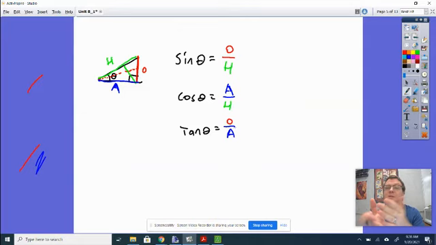Okay, so there's my three main trig ratios. And again, the other ones would just be those ones flipped. Nothing complicated there. And then the mnemonic device we typically see in math is SOHCAHTOA. So it comes from the first letter, SOH, CAH, TOA. Okay, there's tons out there. If that one doesn't work for you, that's fine. Just find one that works for you. But you are going to need to know those three.